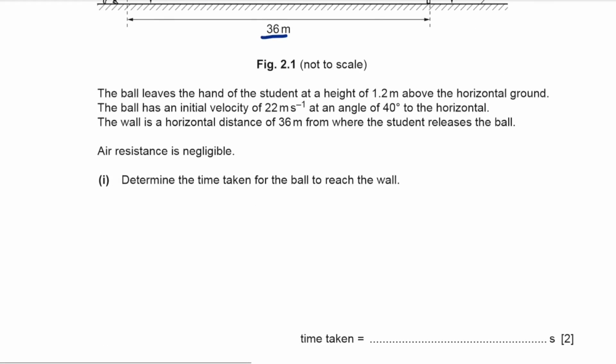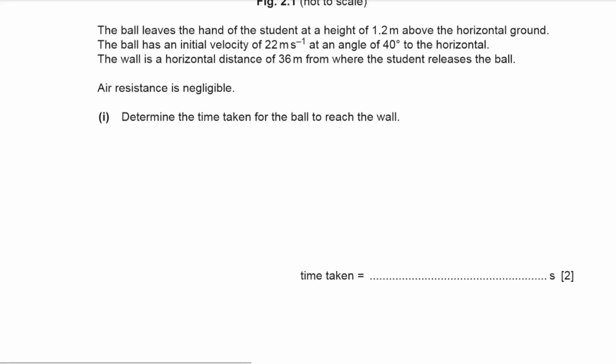The ball leaves the hand of the student at a height of 1.2 meters above the horizontal ground. The ball has an initial velocity of 22 meters per second at an angle of 40 degrees, and the ball is a horizontal 36 meters from the wall. Air resistance is negligible. This means there is going to be no acceleration on the x-axis, no horizontal deceleration.